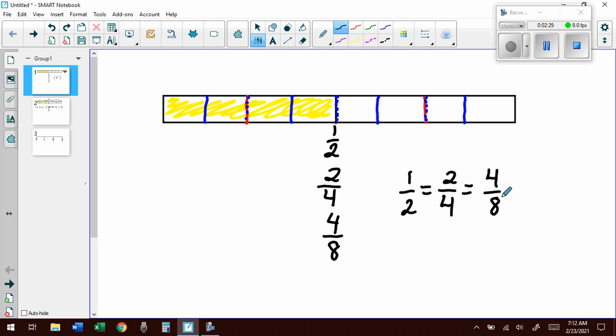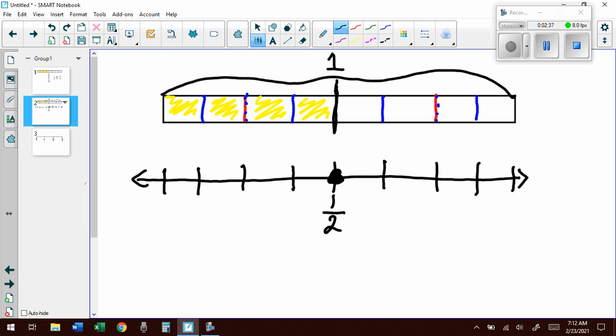Now, if I were to take this same setup, we're going to look at how it would look on a number line. So I've set it up a little bit. I have my whole piece, and I have drawn, to the best of my abilities, an exact number line.